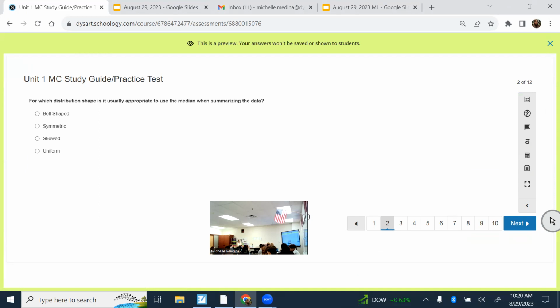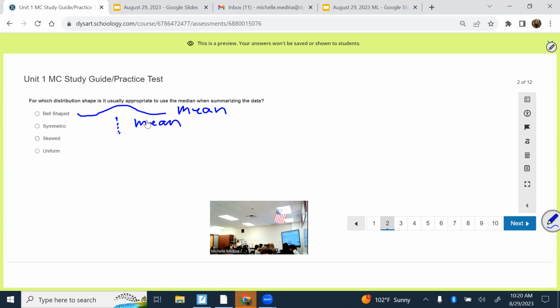So bell-shaped literally looks like a bell, something like this. Would we use the mean or median for that? Then don't pick the first one. Symmetric, it could be really anything as long as you can draw a line down the middle and it looks like mirror images on both sides. So in that case, would we use the mean or the median?